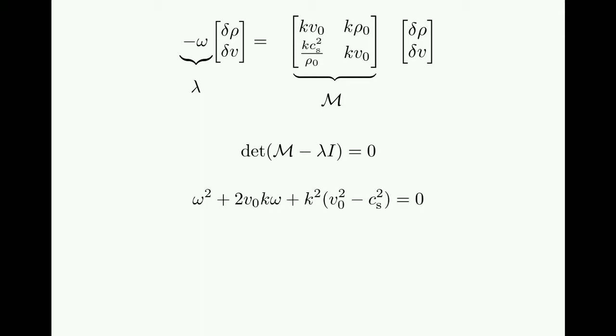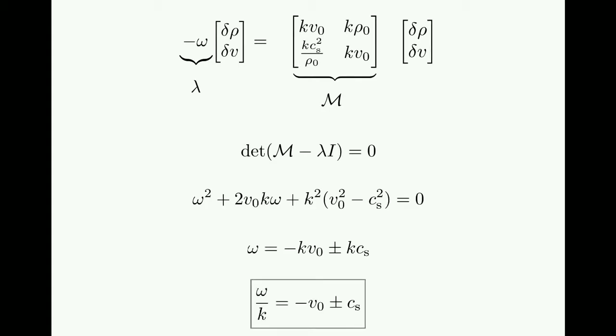And if we put into this determinant the value minus omega for lambda, we can calculate the determinant and we get a characteristic polynomial which looks like this. This is simply a quadratic equation we can solve by using, for example, the PQ formula, and we get a relationship between omega and k that looks like this. And in the end, a dispersion relation for the sound waves in a background flow that has the velocity v0.